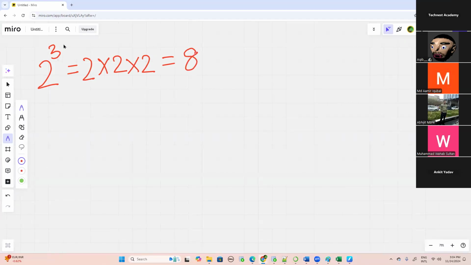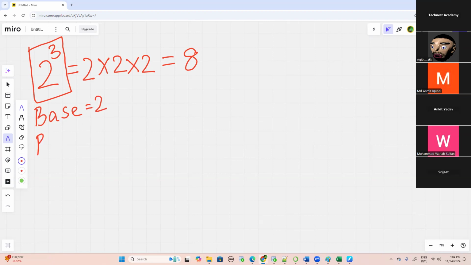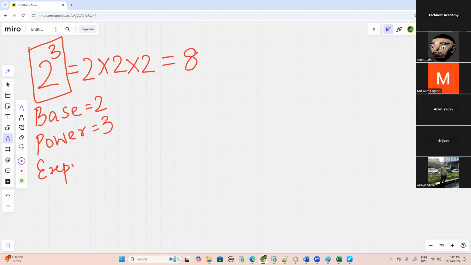This is known as an exponent. Here I can tell the base is 2. And if someone asks what is the power, it is 3. Power is also known as exponent.